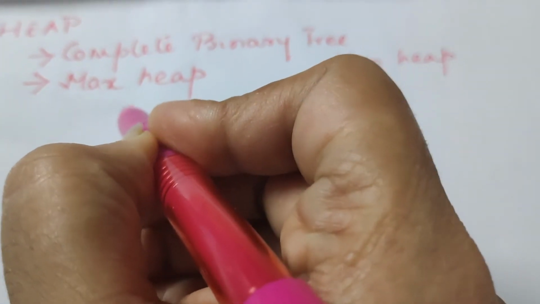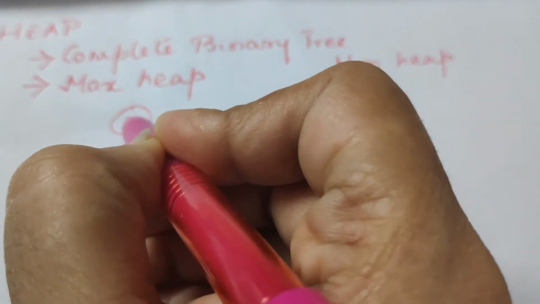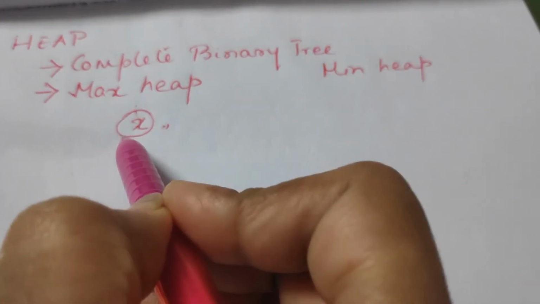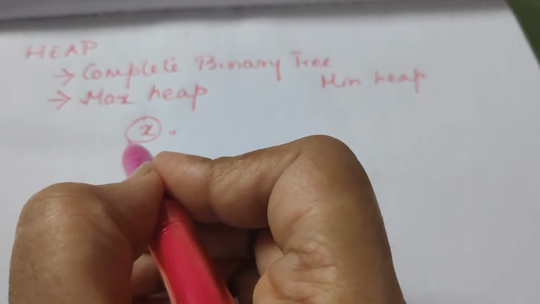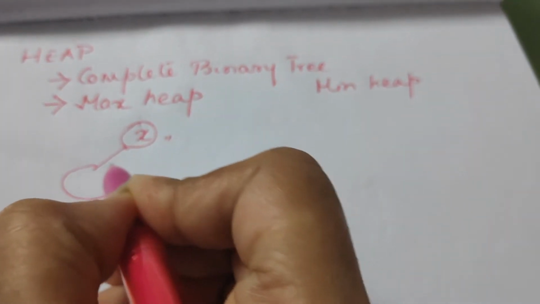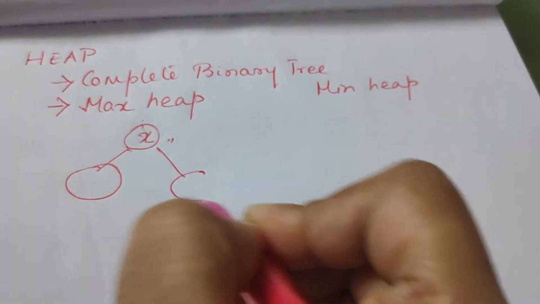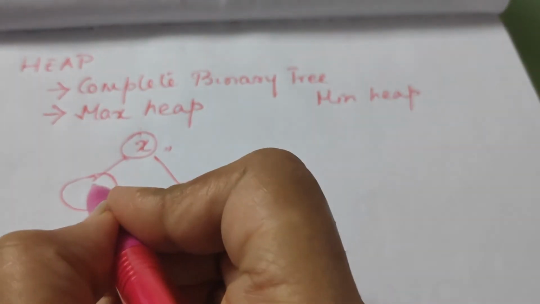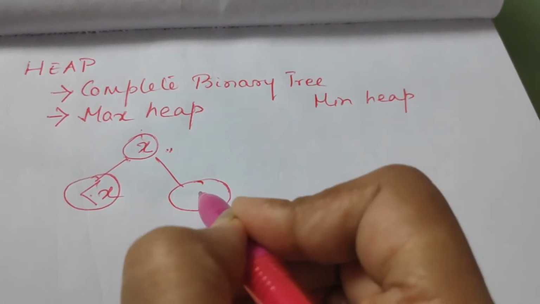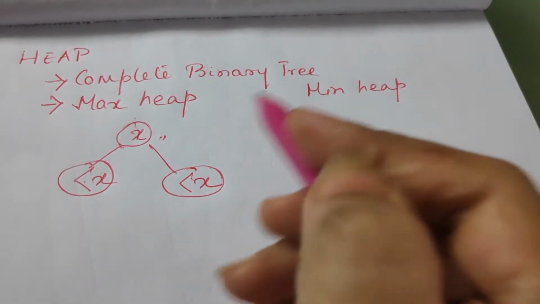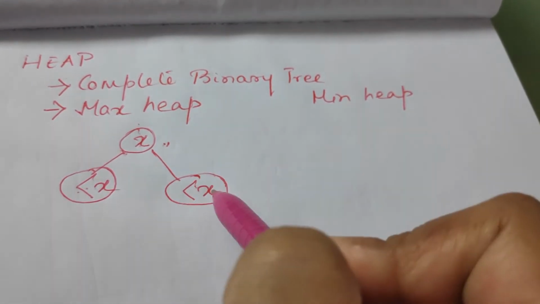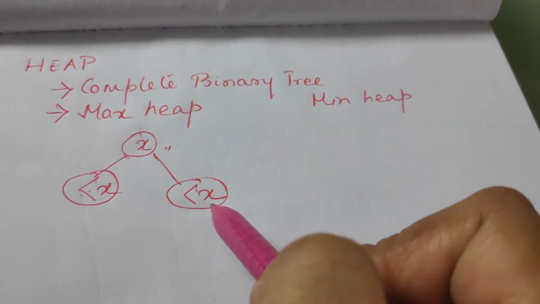If there is a node X, then all the nodes, whether it is the left child or the right child, both would be less than X. That means the parent has to be more than both of its children.